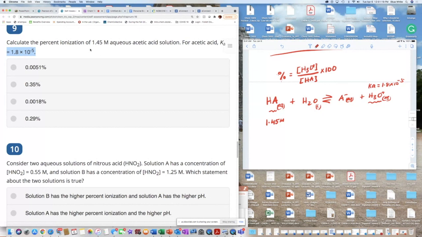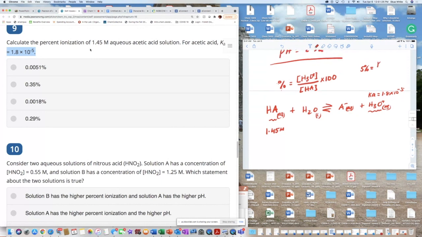Versus the 5% rule, which says take the Ka divided by the acid times 100. So I kind of confuse the two, but when I write it out, I'm less confused.